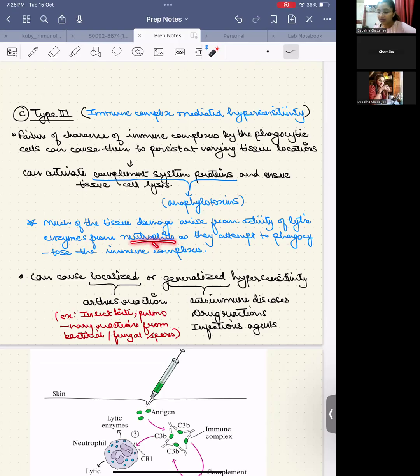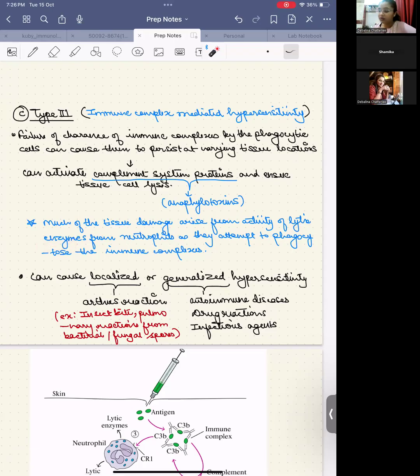Neutrophils in this position are trying to attempt phagocytosis of these immune complexes. But it's not getting a chance to do so, because it's not its usual job to perform phagocytosis and clear the immune complexes. In its attempt, it is also producing a lot of lytic enzymes.